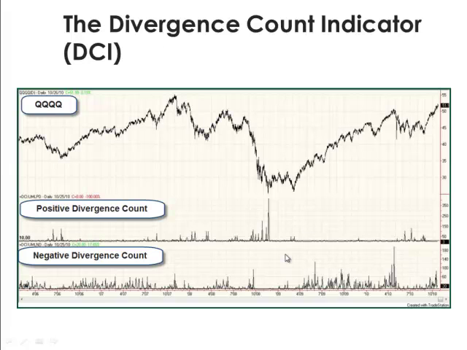And I did backtest this to 1994 to see that it does hold true in many circumstances, that when there are times that there are a lot of positive divergences and very few negative divergences, these tend to be, or at least have historically tended to be, good times to buy.